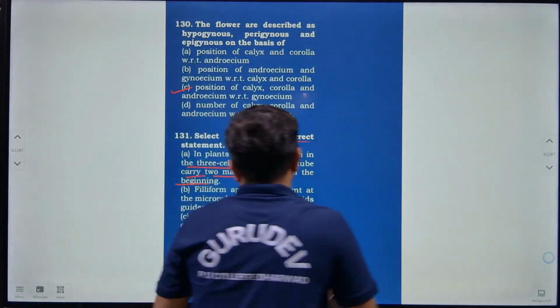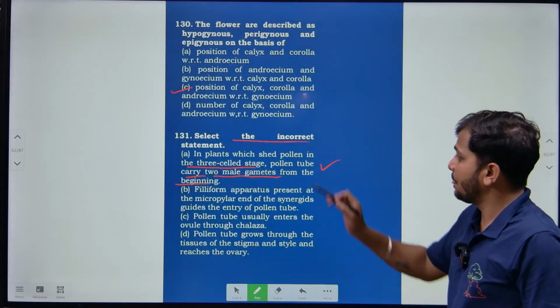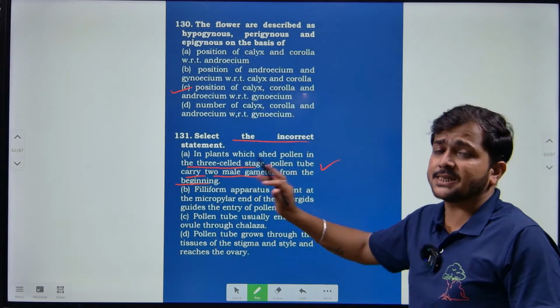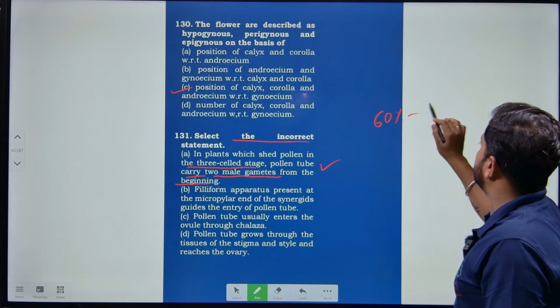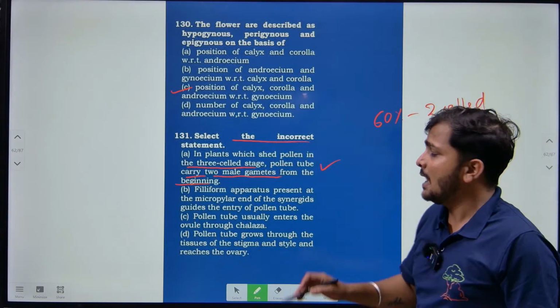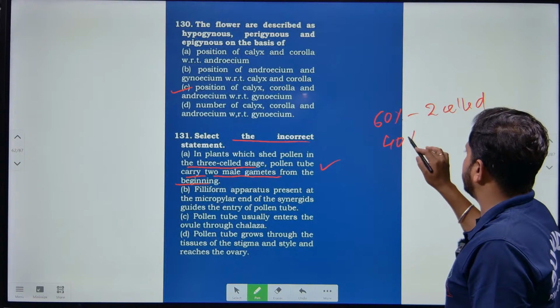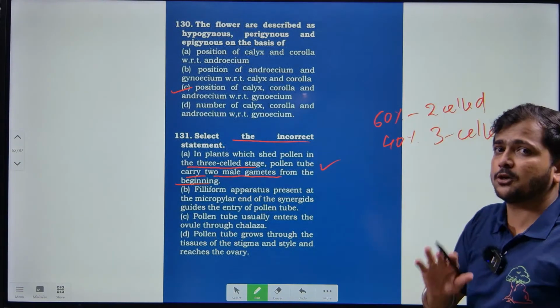So from the beginning itself, it is going to carry the male gametes. If you consider the stages, 60% of angiosperms show the 2-celled stage, that is the vegetative cell and generative cell, and the remaining 40% of angiosperms show the 3-celled stage, with respect to the generative cells.